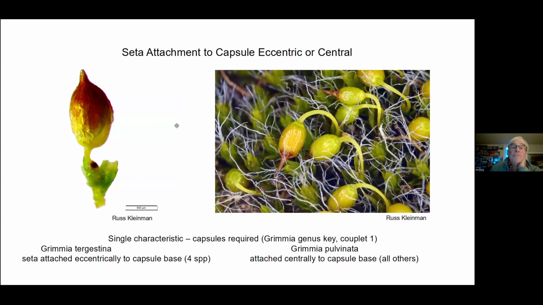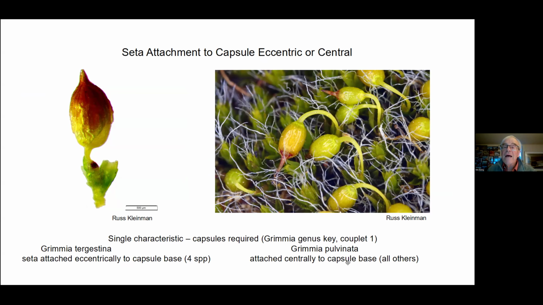Another seta description that is used is whether or not the seta is attached eccentrically to the capsule base, which is in this case here, or whether it's attached centrally to the capsule base.